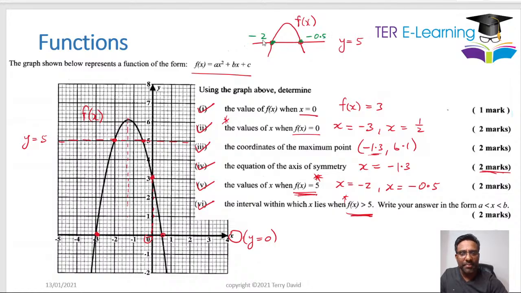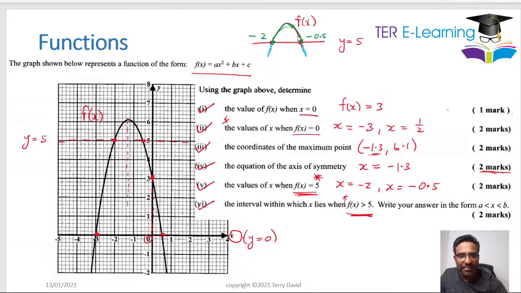Now, between minus 2 and minus 0.5, notice something. My graph is actually greater than the line y equal to 5. It is above the line, right? And anything that is, let me use a different color again. This part of the curve is below the line y equal to 5, and this part of the curve is also below.